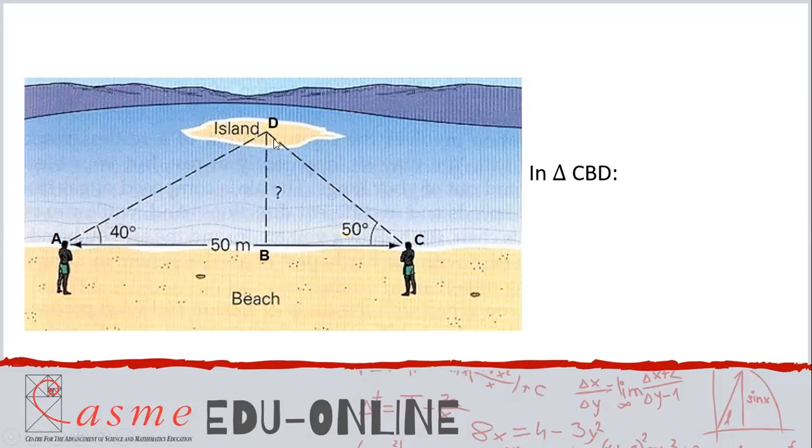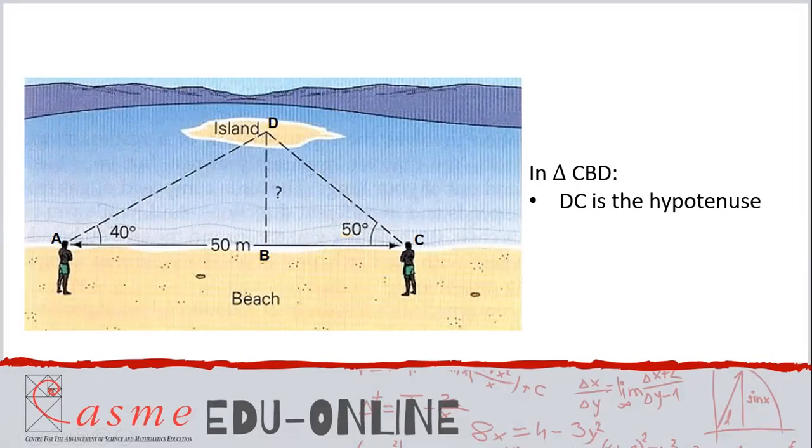I'm sure now you can guess which side is the hypotenuse. Which side is the hypotenuse? DC, because our right angle is here at B. So the side that is opposite the right angle, which is not an arm of the right angle, we call the hypotenuse.